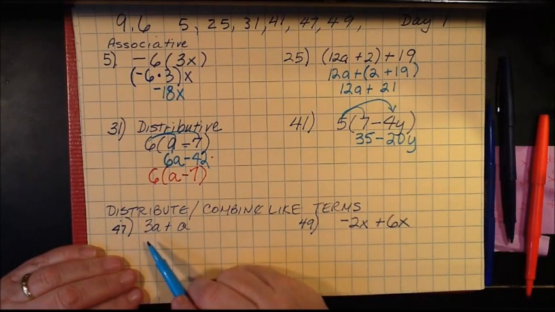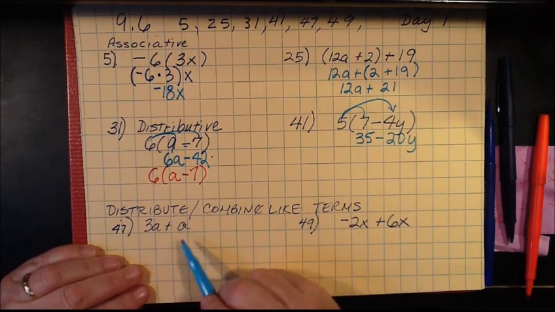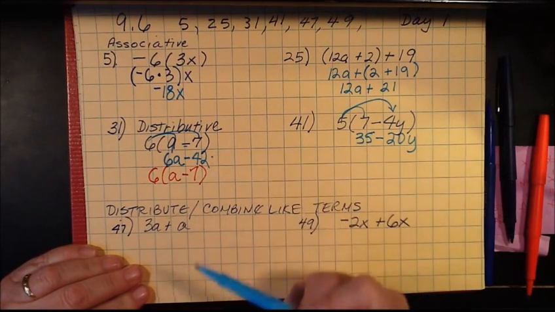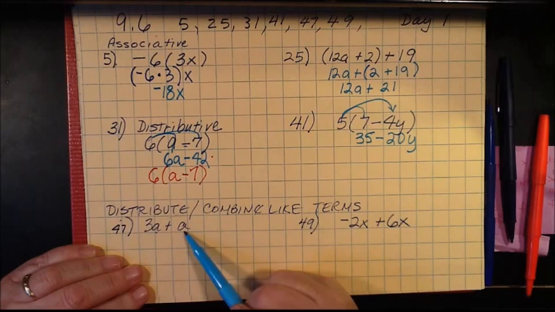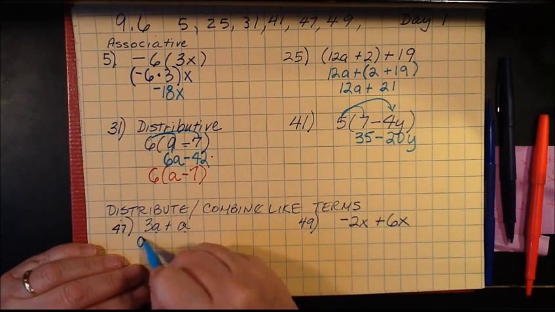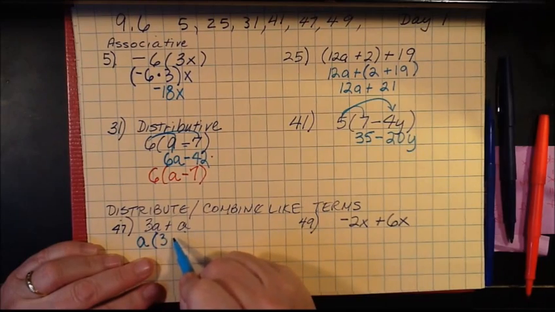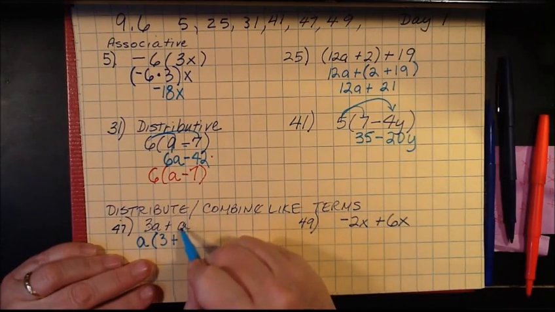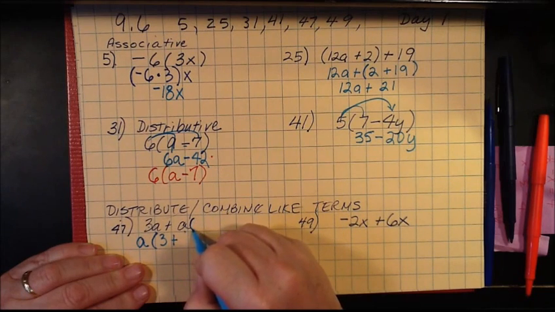Okay? Here it's getting a little bit more complicated. Here they want you to distribute and combine like terms. Well, remember up here we did some factoring. I'm going to do the same thing here. I have a in this term and I have a in this term. So I could take a out and that would leave behind 3 plus, and don't forget, whenever you have a variable by itself, it has a shadow 1, a silent partner.